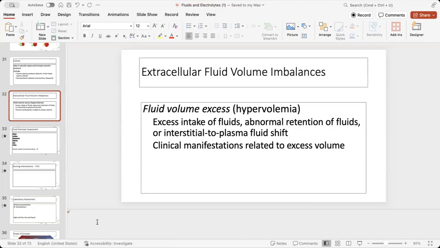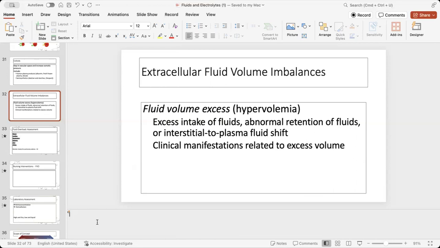So in excessive intake of fluids, like what kind of fluids? Water. Yeah, intravenous. Okay. What about abnormal retention of fluids, holding onto that water? Who's holding on to extra fluid?